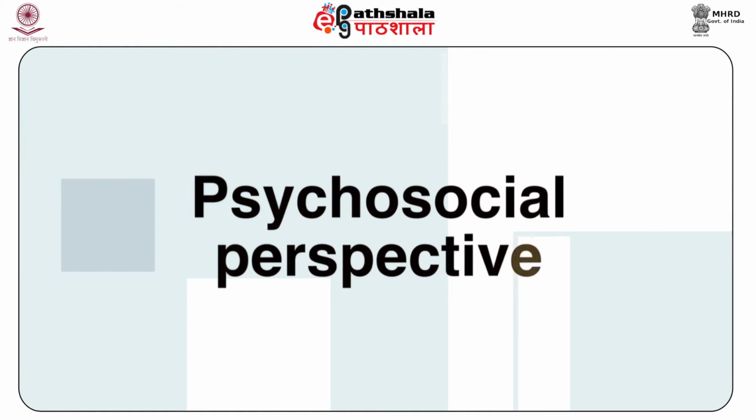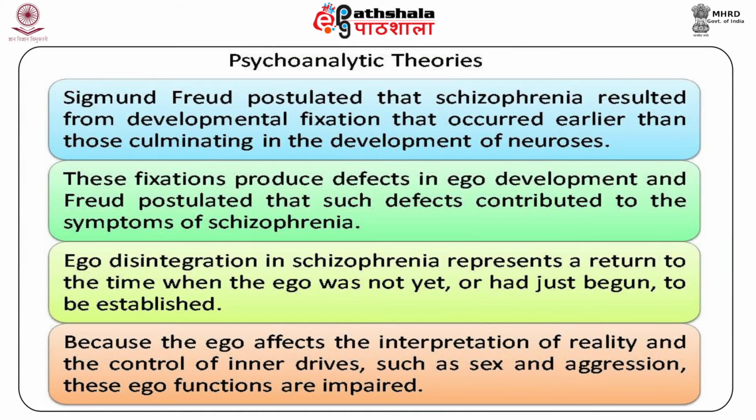Now we have psychosocial perspectives, wherein we would be discussing the psychoanalytical theories first. Sigmund Freud postulated that schizophrenia resulted from developmental fixation that occurred earlier than those culminating in the development of neurosis. These fixations produced defects in ego development, and Freud postulated that such defects contribute to the symptoms of schizophrenia.